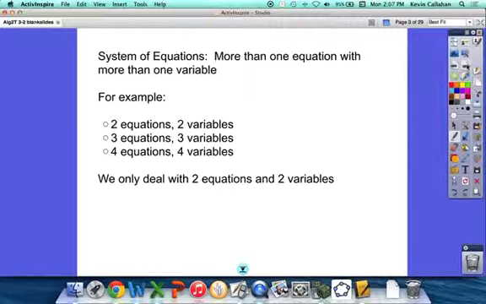Right? The equations we use to model the atmosphere is 7 equations and 7 variables. We will only be dealing with 2 equations and 2 variables.